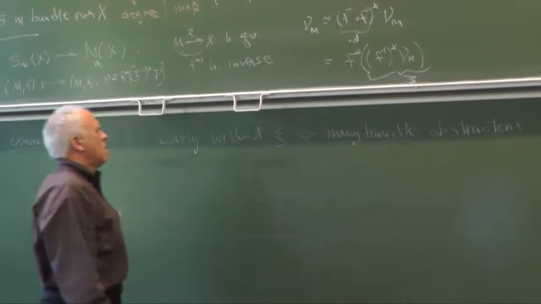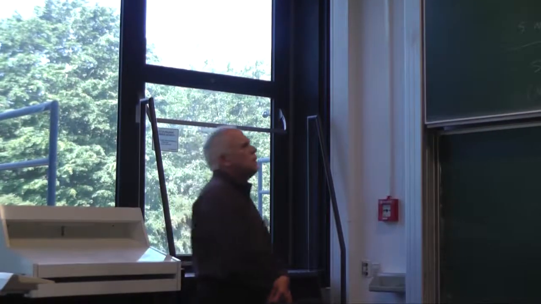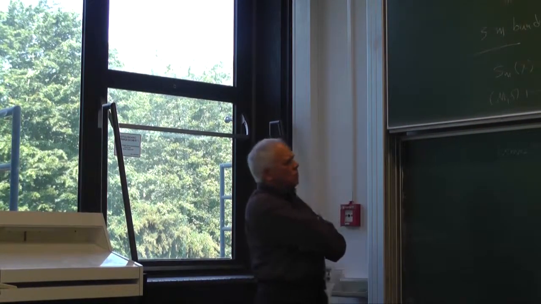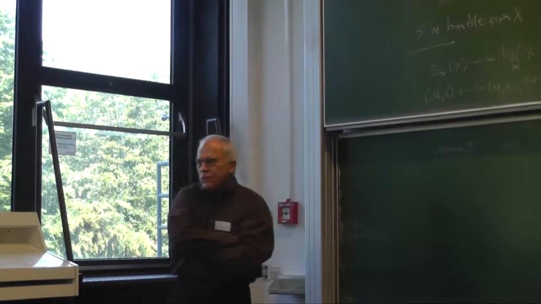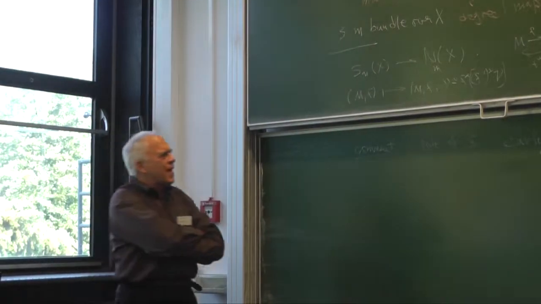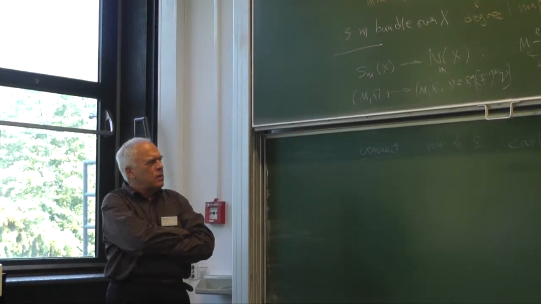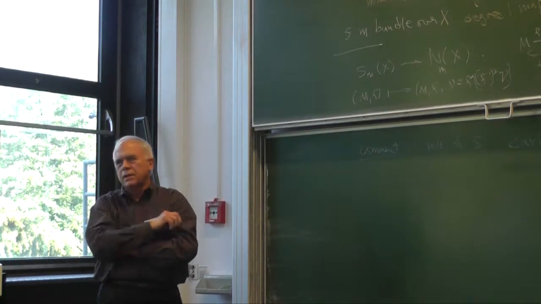So there's a sort of basic construction for doing surgery, studying the kernel and cokernel, or fiber and cofiber of this thing. And if you try to do this without the bundle information, what you see is that you keep hitting obstructions that relate to bundles.